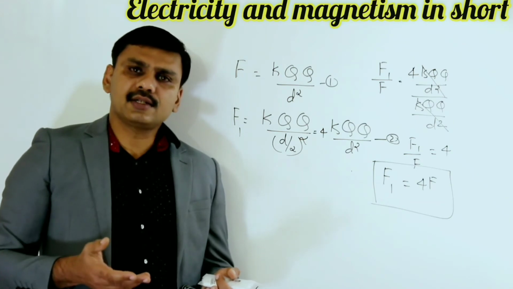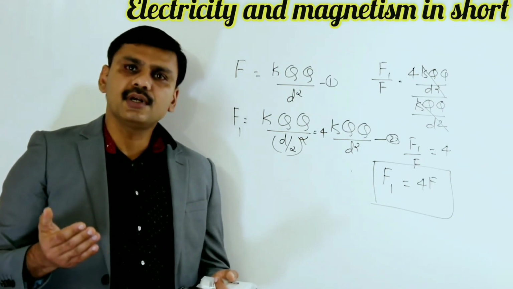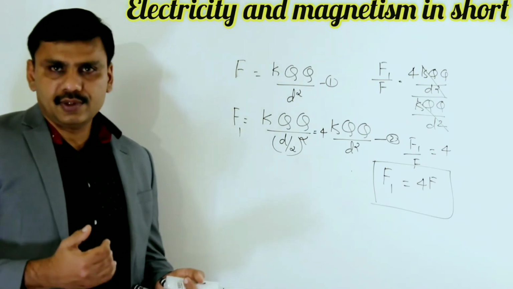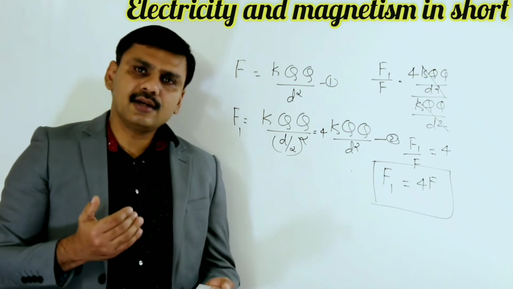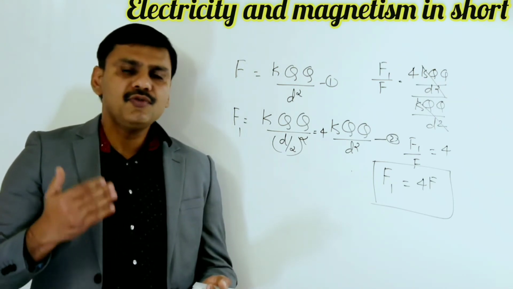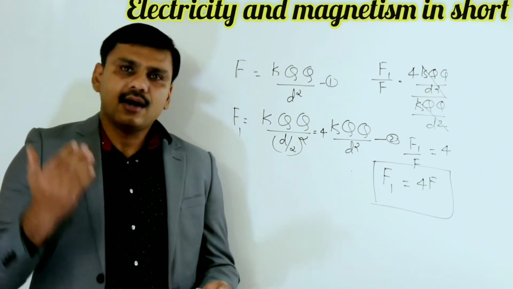When you square d by 2, it becomes d square by 4, and that 4 comes as numerator. So you can easily understand the new force will be 4 times the previous value.